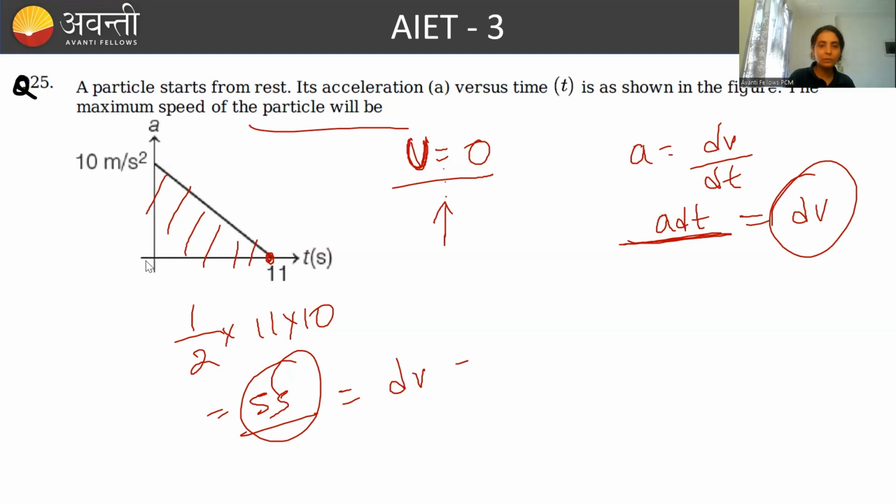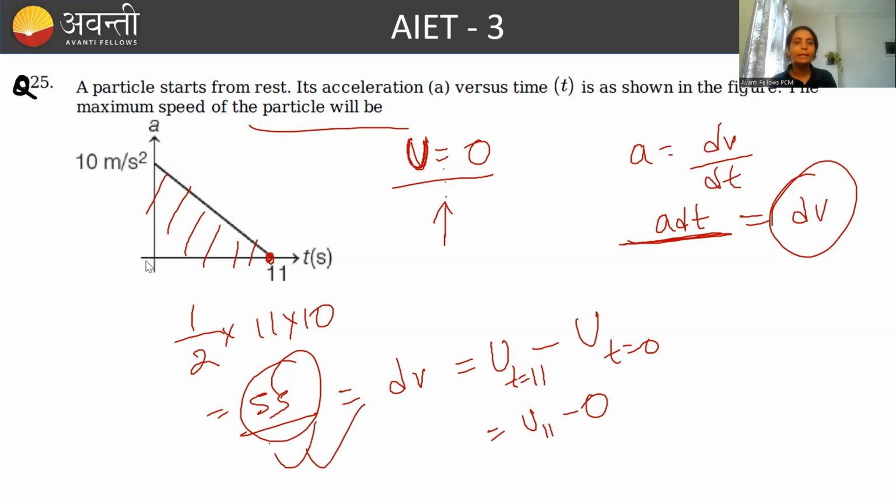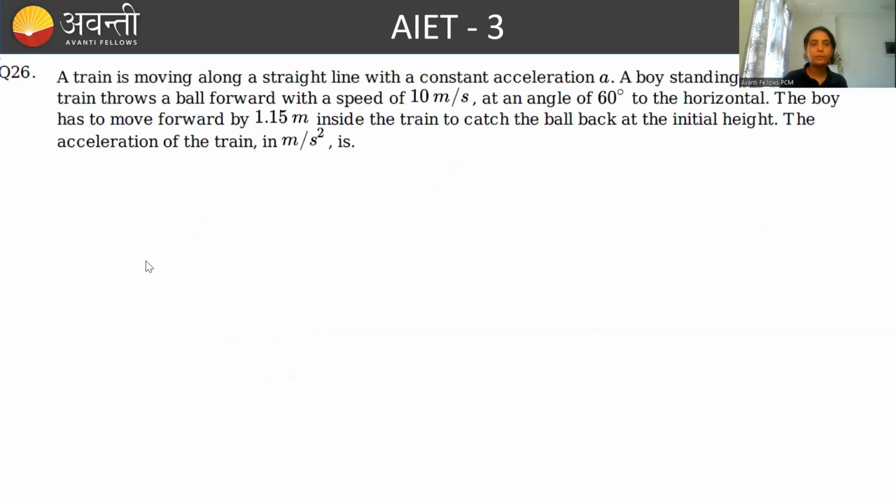Change in velocity means velocity at t equal to 11 seconds minus velocity at t equal to 0 seconds. Velocity at 11 seconds we don't know, minus 0. So velocity at 11 seconds is 55. So the maximum velocity will be 55 meter per second. So the answer should be 55. Now let's do this question.